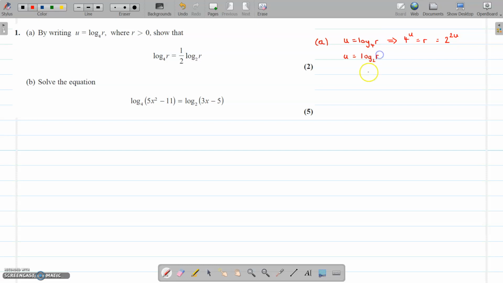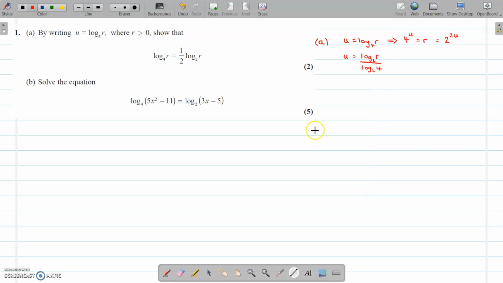But in order to correct that, I have to divide by log to base 2 of the old base. Okay, so log to base 2 of 4. And that's a standard rule that you can use, and it's fairly easy to prove. So we can use that rule there. Just going to move that line down slightly.